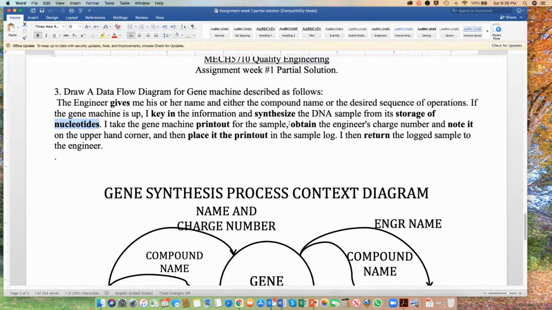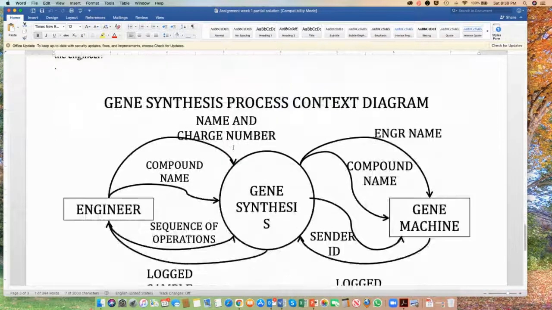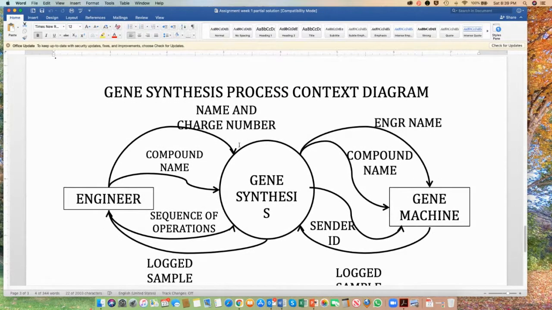And then obtain the engineer's charge number and put a printout in the sample log. All of these things are in the context diagram, and I want you to take the gene synthesis and spread it out into a data flow diagram.